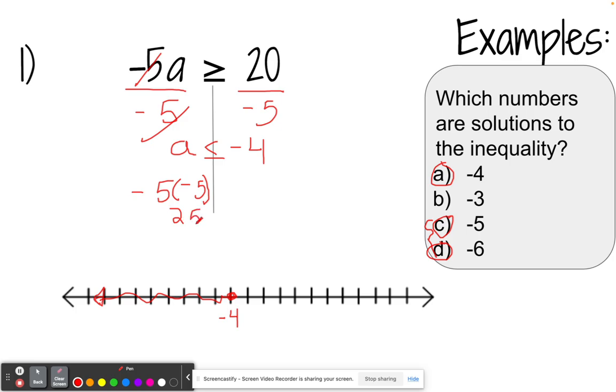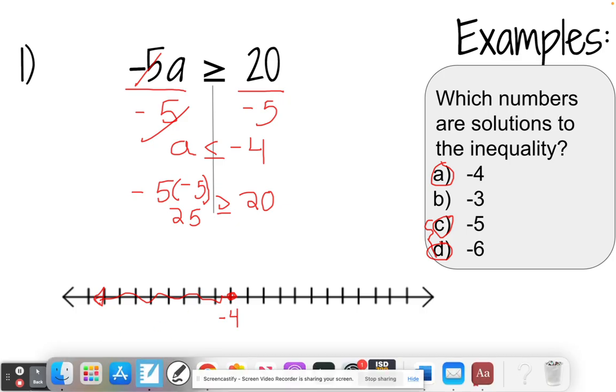Is 25 greater than or equal to 20? Absolutely. 25 is greater than 20, so it worked. If I did negative 6 here, I would get 30. 30 is greater than 20. So yes, my answers work. A, C, and D.